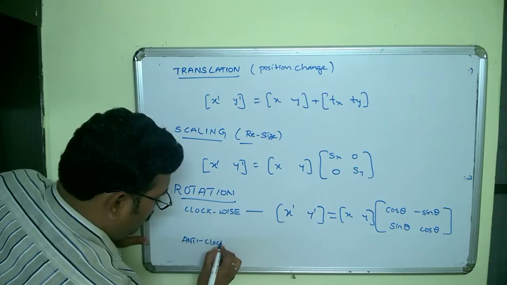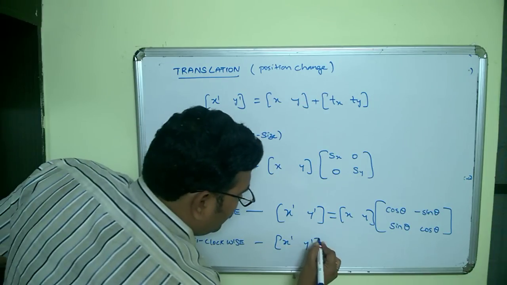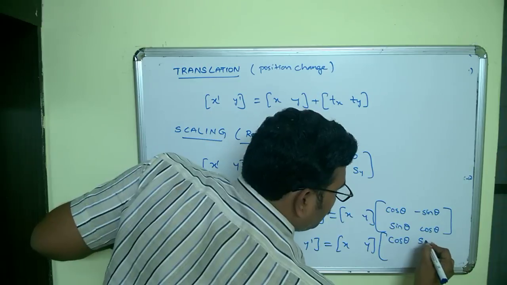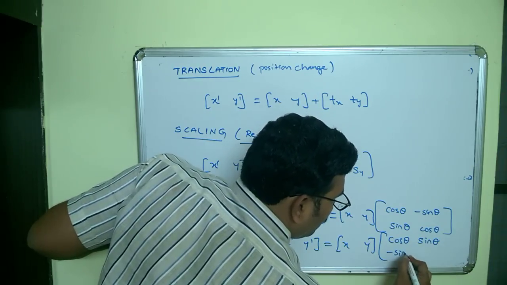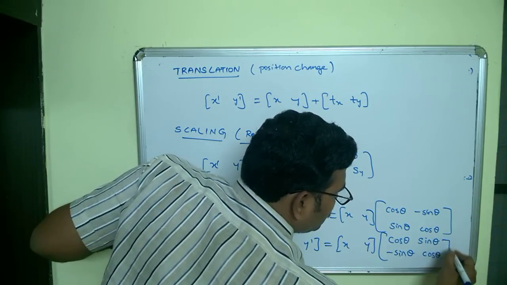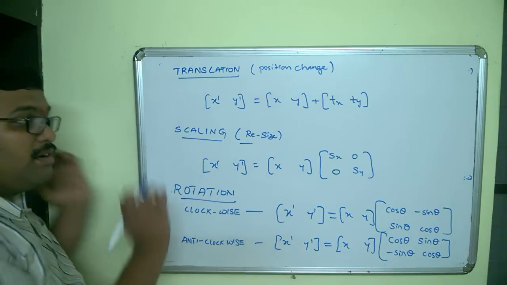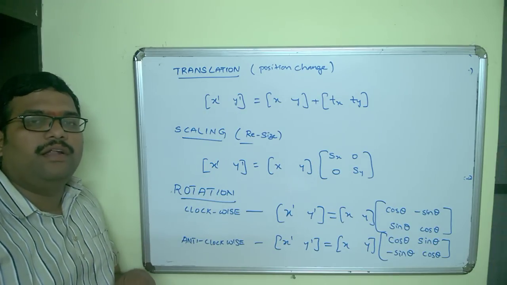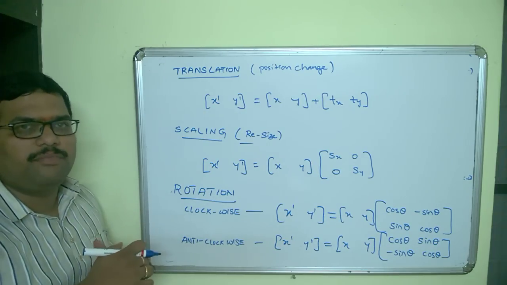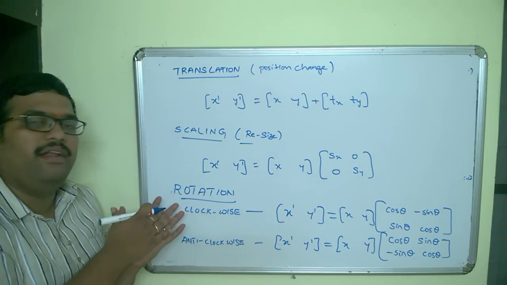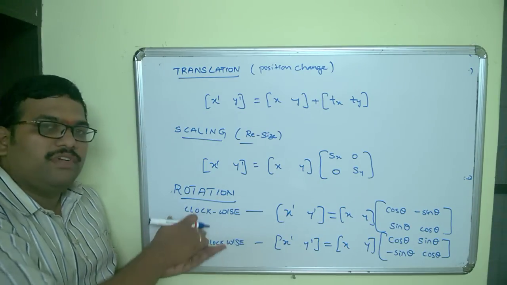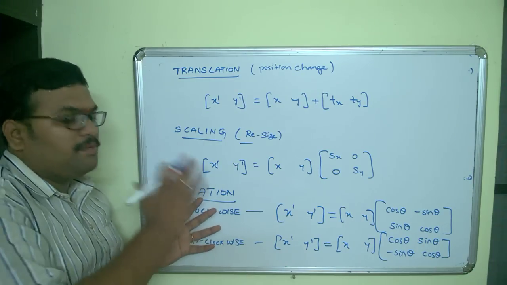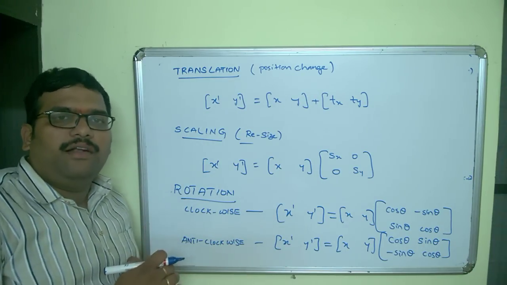Anti-clockwise, [x' y'] is equal to [x y] times the matrix [cos theta, sin theta; -sin theta, cos theta]. So these are the formulas we have just learned. Let us stop here in this session, and in the next session let us see a few examples for translation, scaling and rotation in the clockwise and anti-clockwise directions. Hope you understood these basic transformations, and thank you.